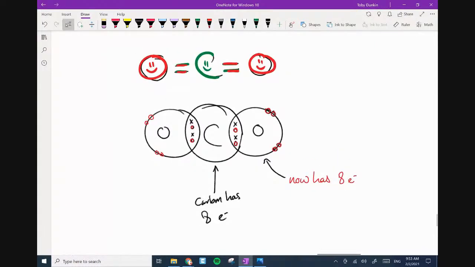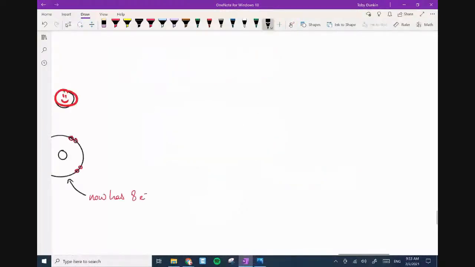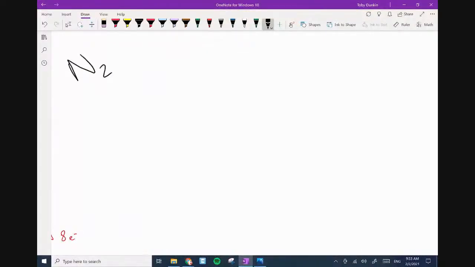So carbon dioxide is really cool because it's a double bond. Check this out. You're going to love this. What about nitrogen? Nitrogen travels around in a pair. So hang on a minute. How many bonds does nitrogen make? Nitrogen makes 3 bonds. Why?